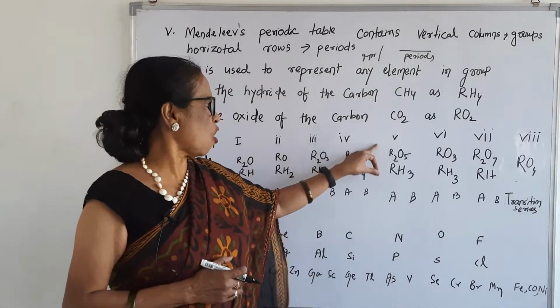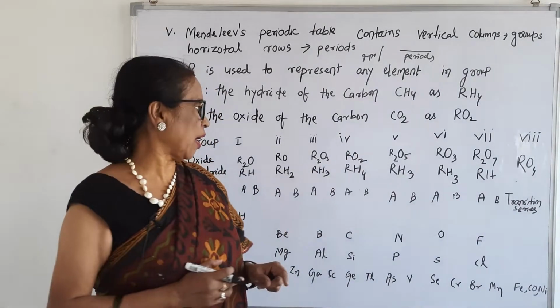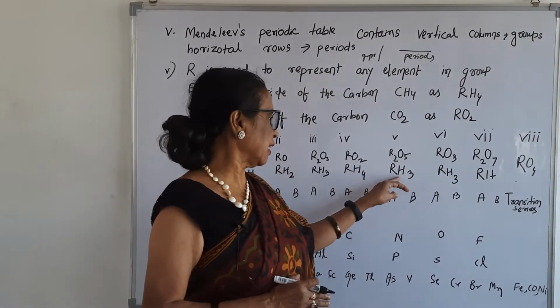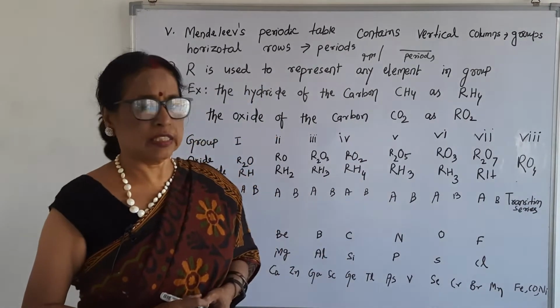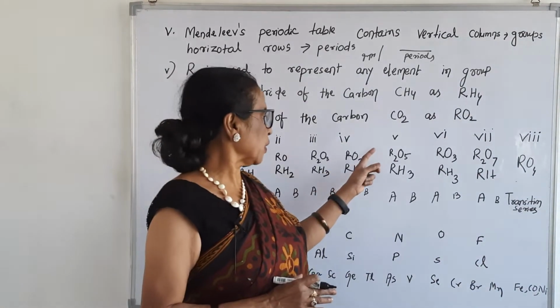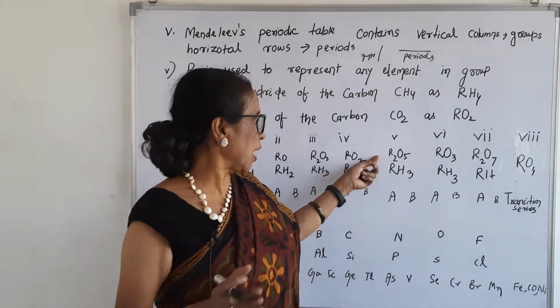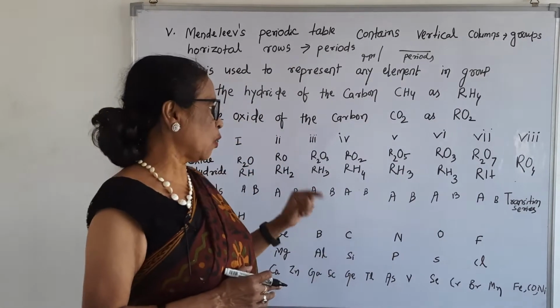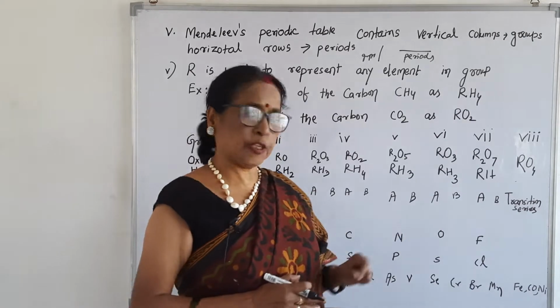Similarly, this is the fifth group, R2O5, where 5 is the valency of the fifth group, and here the valency of R is 3. So what is the formula? R2O5, RH3. Similarly, sixth group, RO3, RH2.